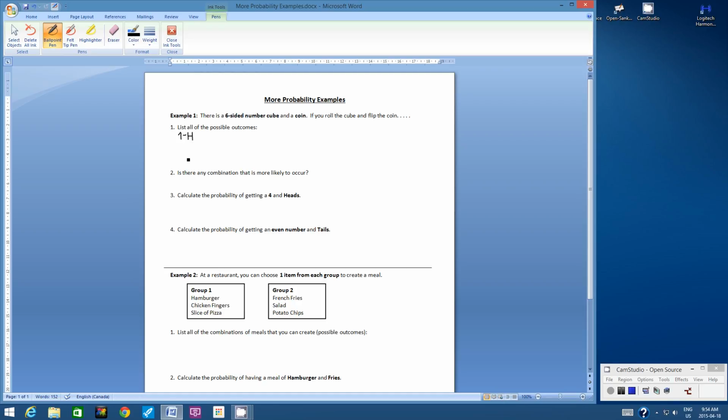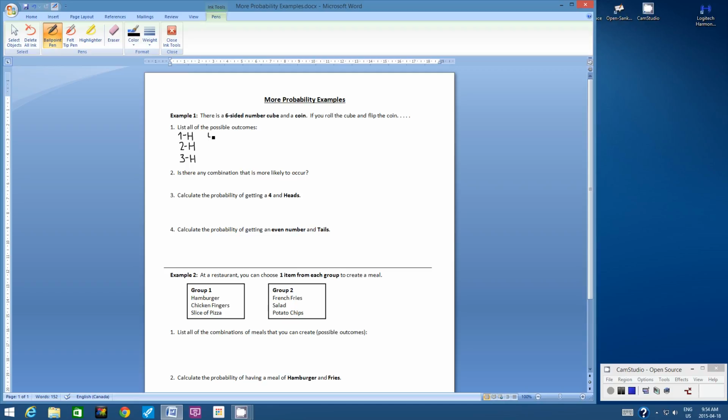So this is my suggestion, and it's only a suggestion, okay? So stick with the number cube. We can get a 2, and we can get heads. If we roll the number cube, we can get a 3, and we can get heads. You see how I'm going in an organized way?